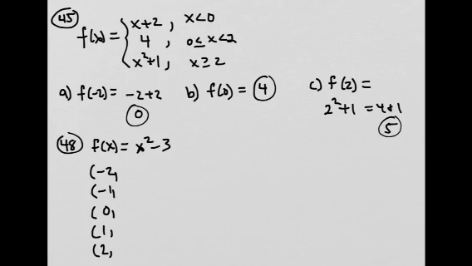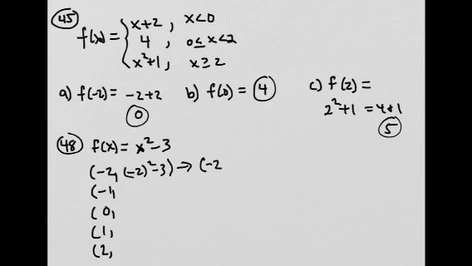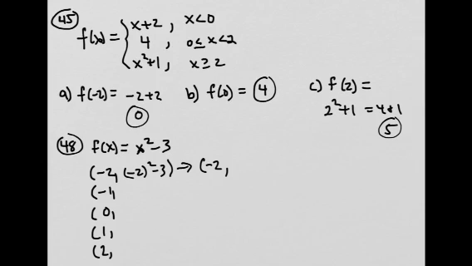That's going to give you 4 minus 3, which is 1. And then negative 1 squared minus 3. Negative 1 squared is 1. 1 minus 3 is negative 2.